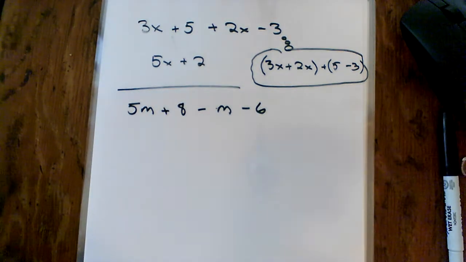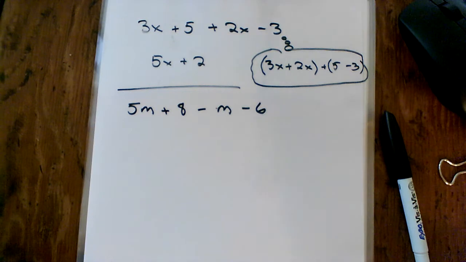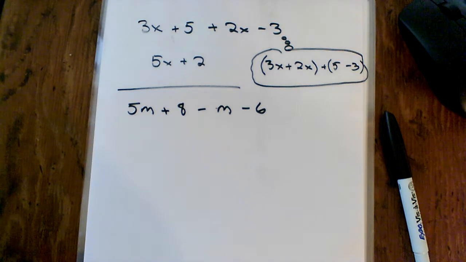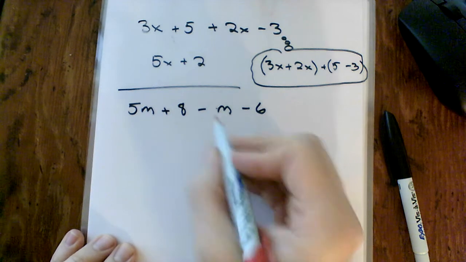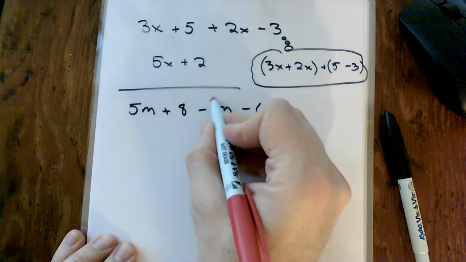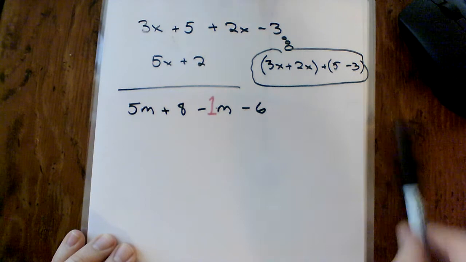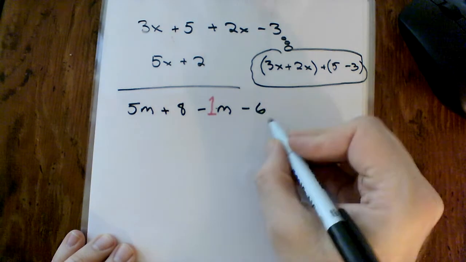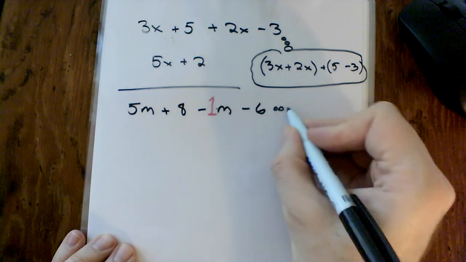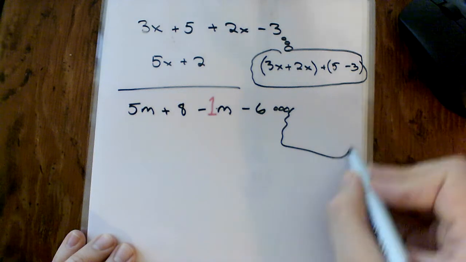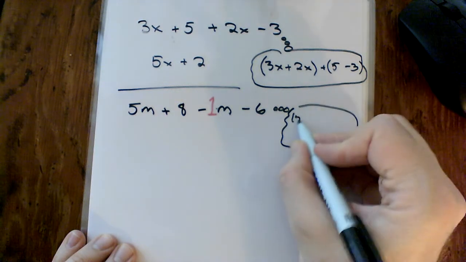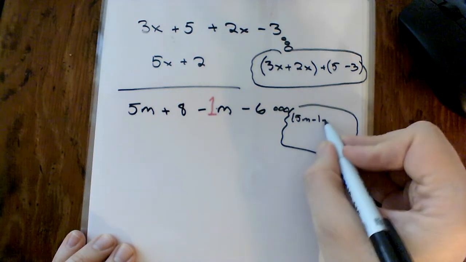Even though it doesn't explicitly say it, if we don't have a coefficient here, we can think of this as having a coefficient of 1. So now when I do this subtraction, I can say, oh, this is the same thing as, and I'm doing my little thought bubble over here, 5m minus 1m.